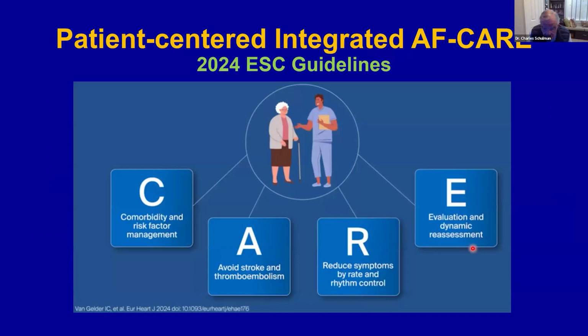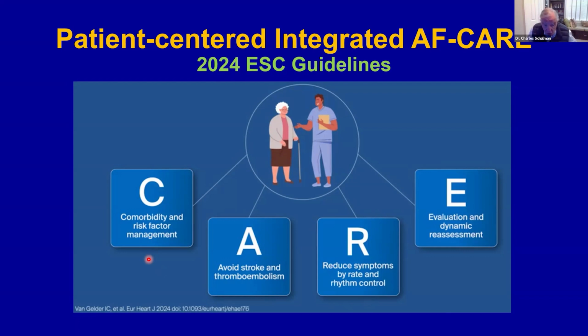This talk is not designed to review the entire treatment for atrial fibrillation, but this comes from the European guidelines just published the end of August 2024. And this care plan involves comorbidity and risk factor management, such things as obesity, diabetes, hypertension, sleep apnea.